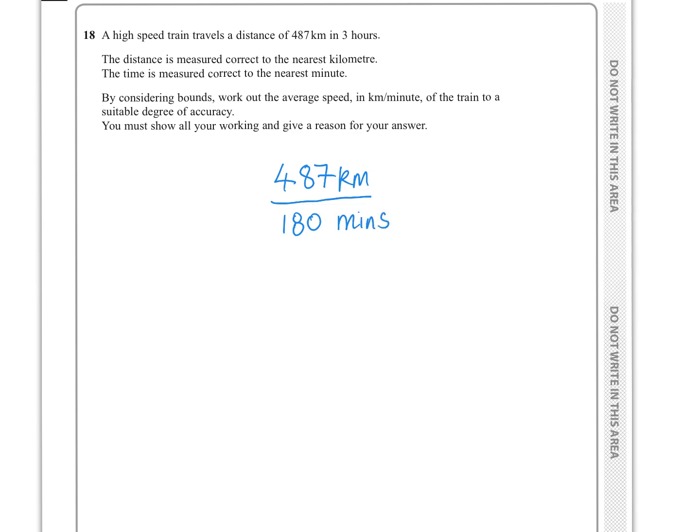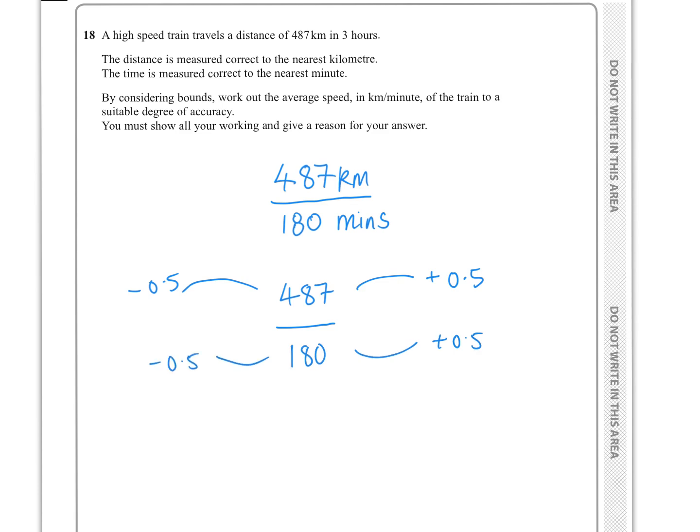The distance is measured correct to the nearest kilometre, so that can be 487, so we can go plus 0.5 that way, or minus 0.5 this way, divided by the time measured to the nearest minute, so that will be 180 plus 0.5 for the upper bound, minus 0.5 for the lower bound.